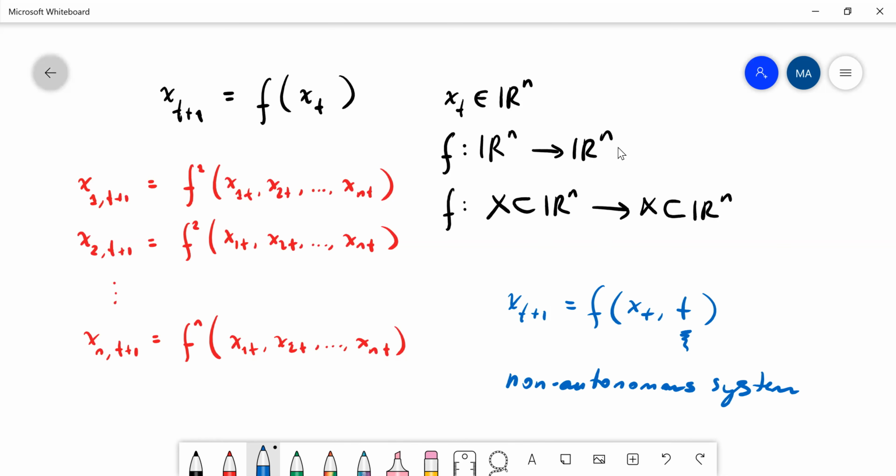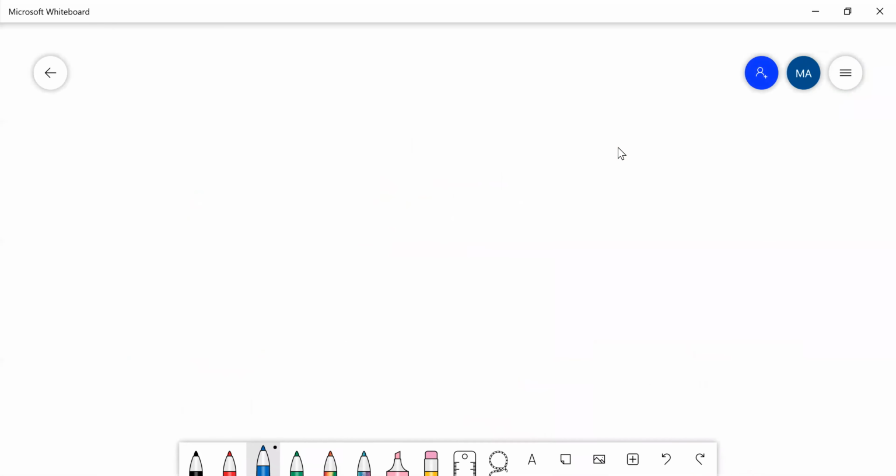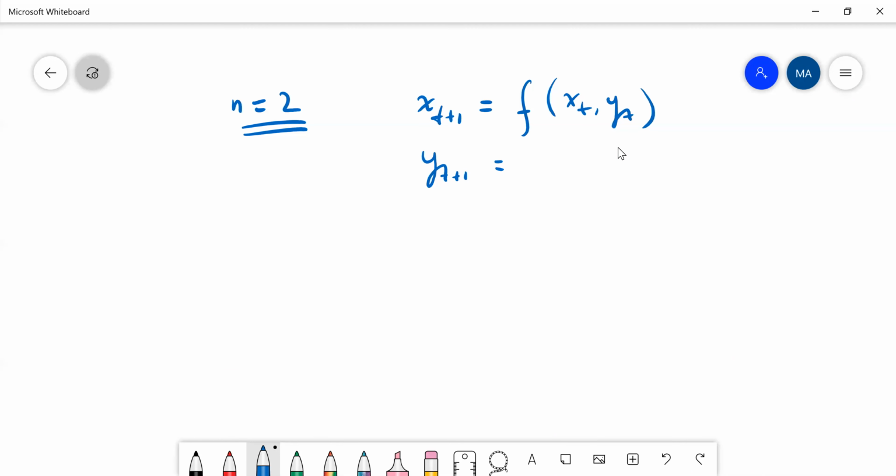Now, when we limit ourselves to n equals 2, then we're going to look at systems like this: xt, yt, and typically we're going to assume that initial values are given.